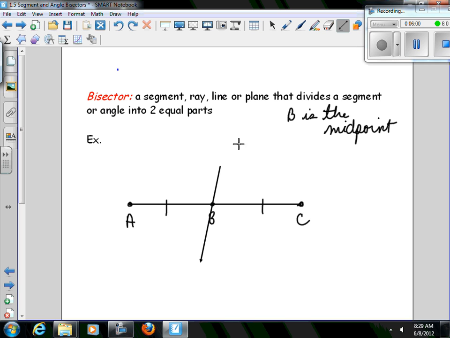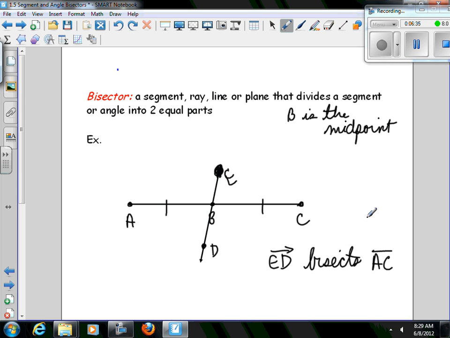Notice it's slanted. It divides AC into two equal parts. So this ray, for instance, let's call it ray ED, and here is the point where E is. Ray ED bisects segment AC.